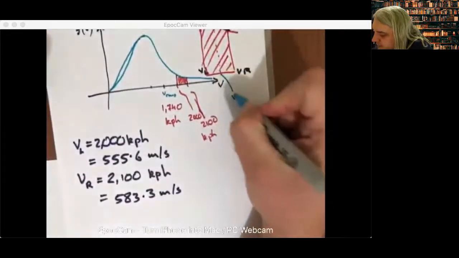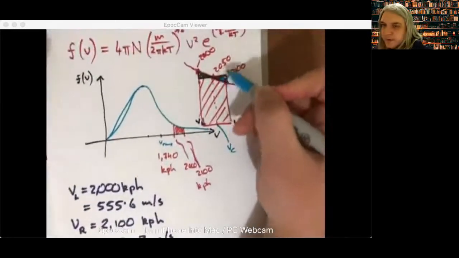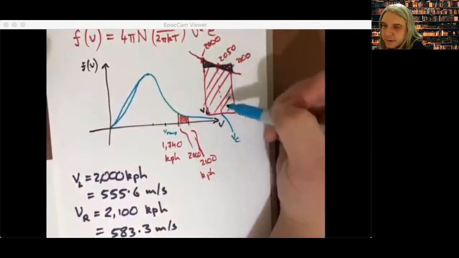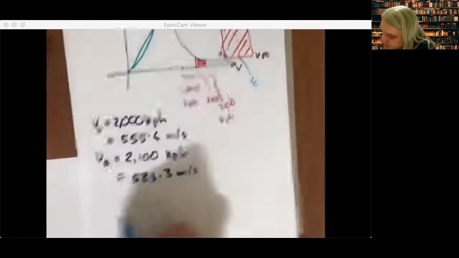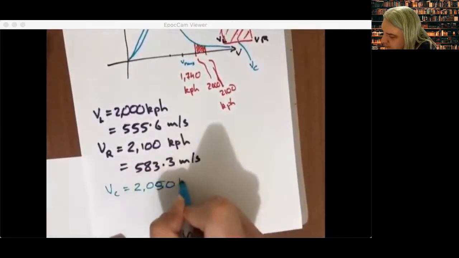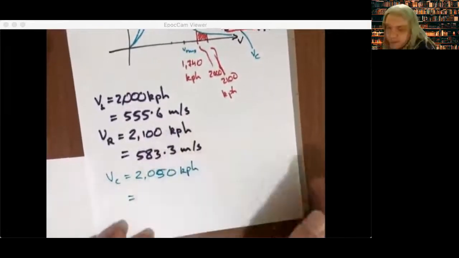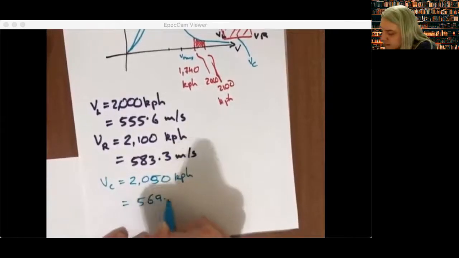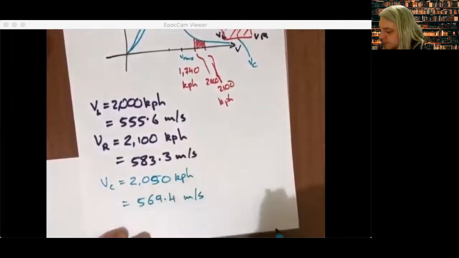This central VC, which was our 2050, halfway in between, because that'll give us the height of this rectangle we're looking for. So VC is equal to 2,050 kilometers an hour. And so doing the same calculation to that, we get 569.4 meters per second.